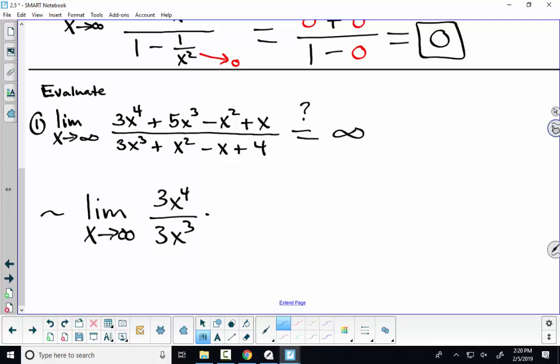And we know that simplifies algebraically to the limit as x approaches infinity of x, so as x approaches infinity, x approaches infinity.